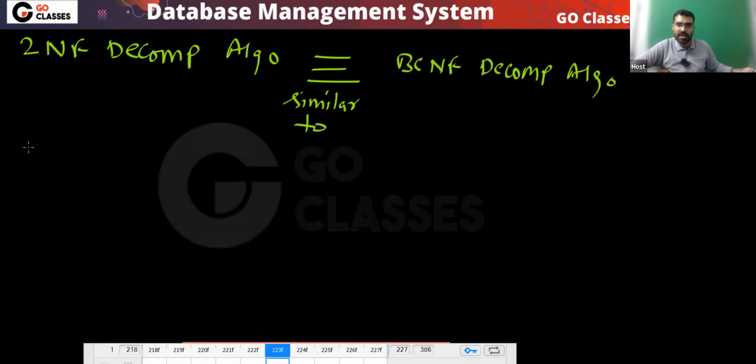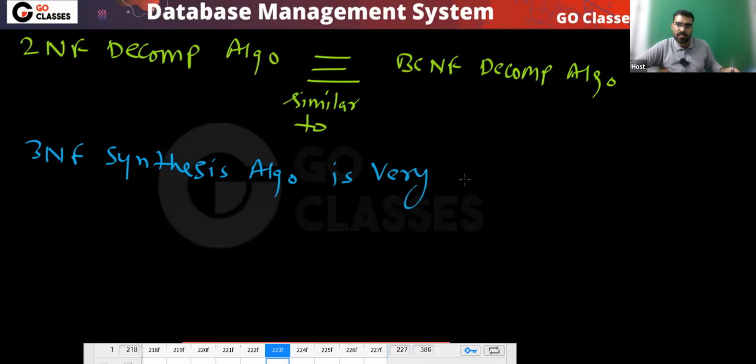But this 3NF synthesis algorithm is very different. Is this point clear?